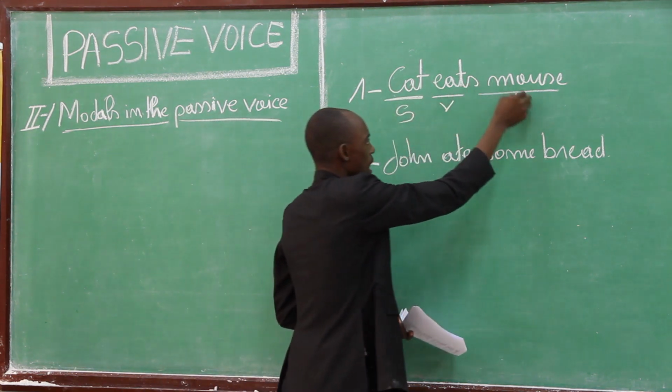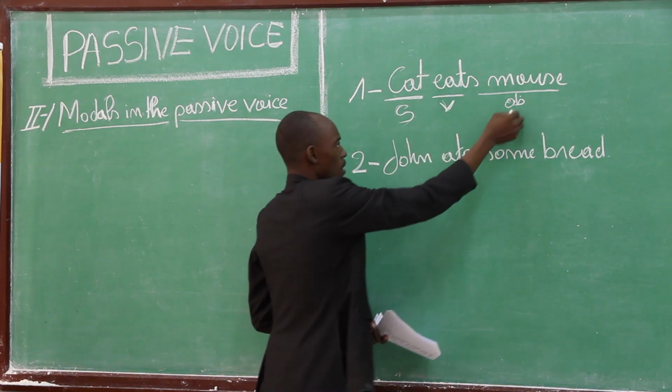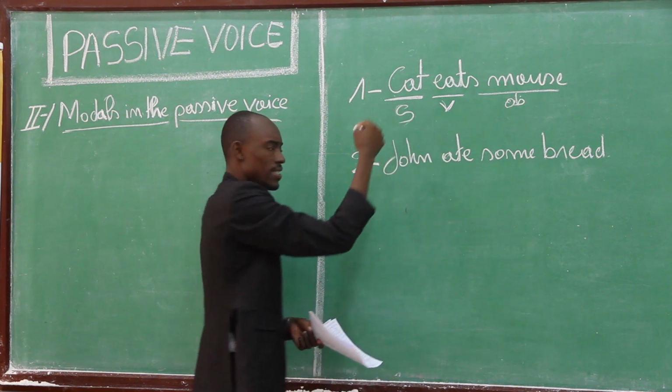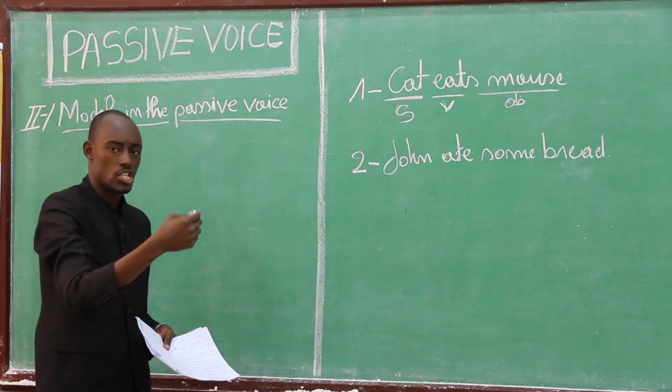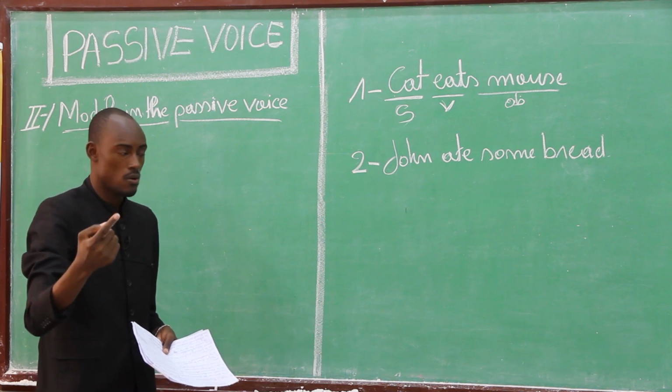Cat eat mouse. We have subject, verb, and object. And in this sentence, the subject does the action, and the sentence is in active voice.